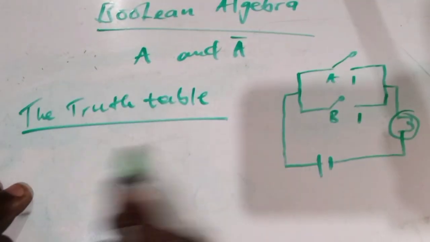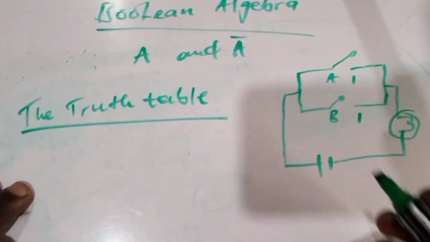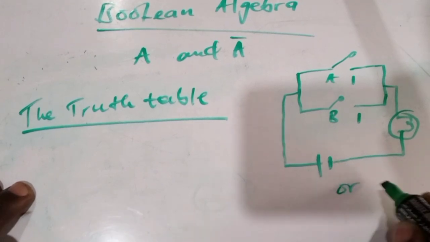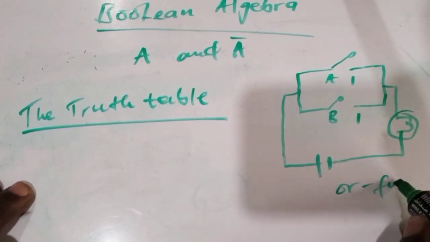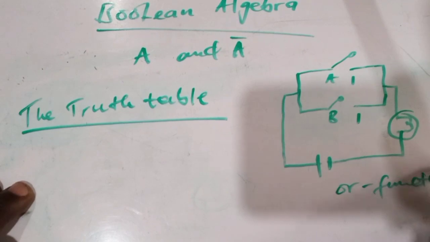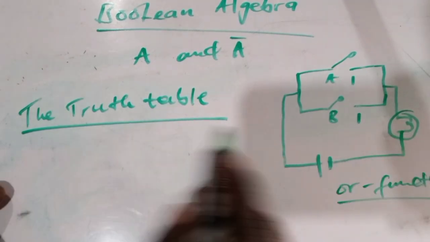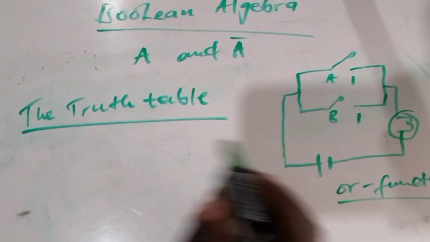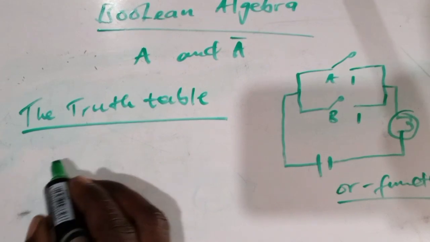So now let's try to draw the truth table for this OR gate or function.